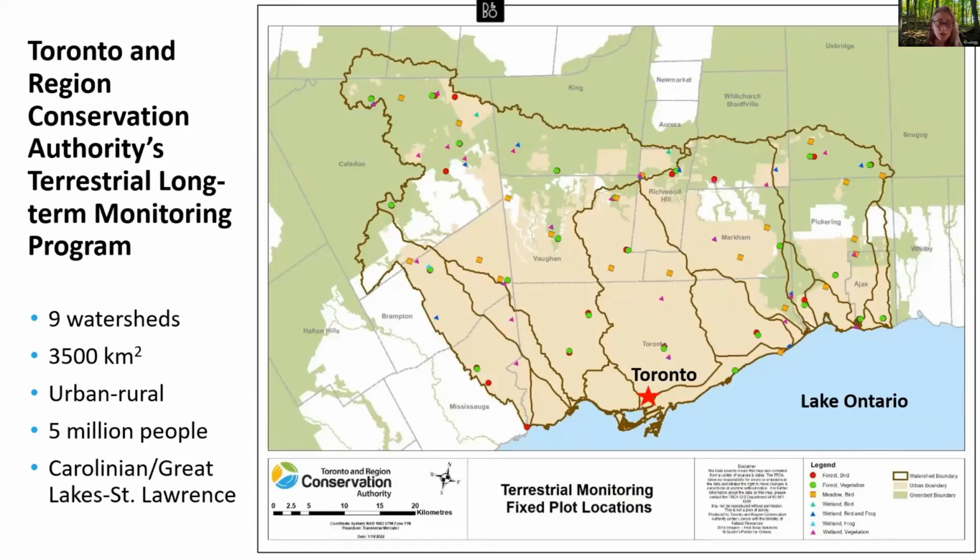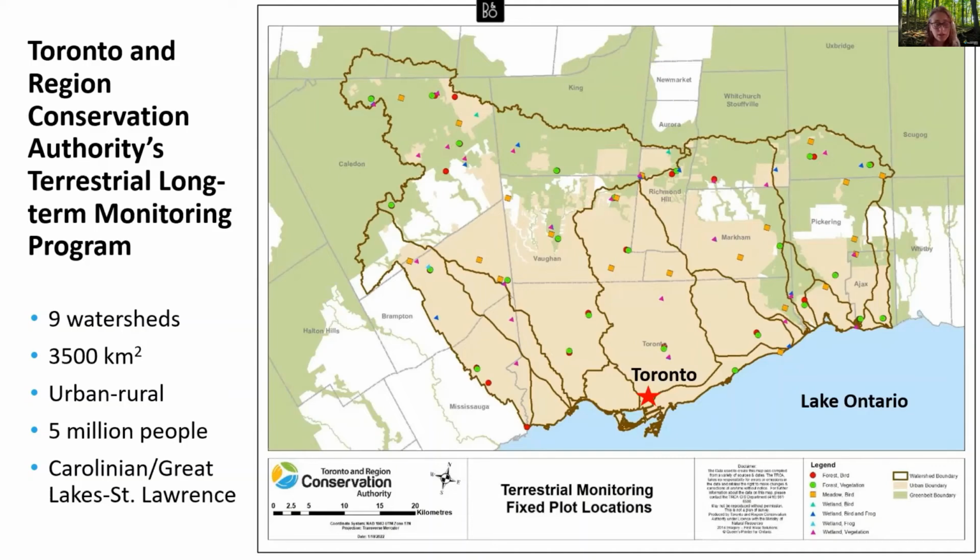So the Toronto and Region Conservation Authority, which I work for, or TRCA, is one of 36 conservation authorities in Ontario with the task of protecting and restoring the natural environment. Conservation authorities are established at a watershed scale in order to manage at a more ecologically representative unit, but it does often overlap multiple municipalities and their boundaries.